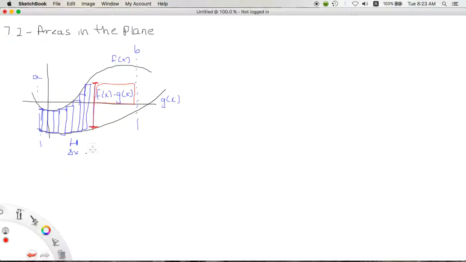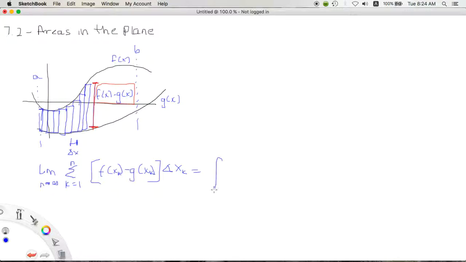So for each one of these rectangles, our area is going to be our f of x minus g of x times that delta x. And then we're going to sum them all up, right, from k equals 1 to whatever our n is. We'll put our little k in there. And then we take the limit as n goes to infinity, and now we have Riemann sums.